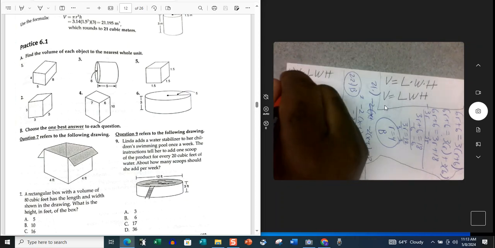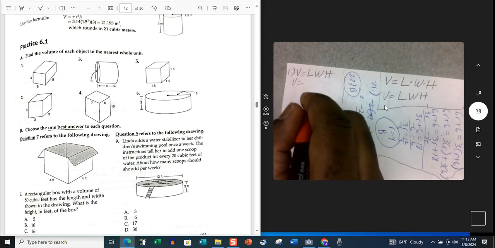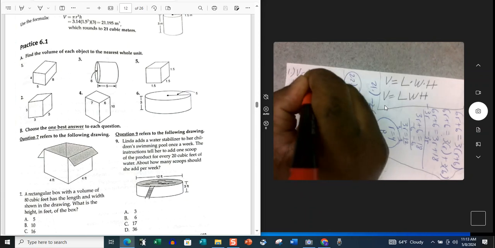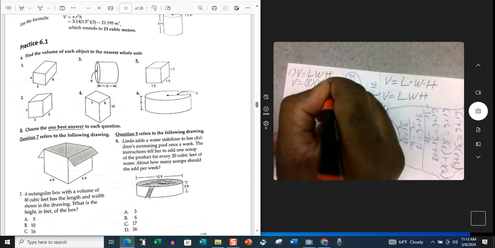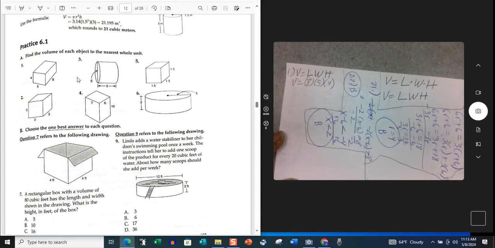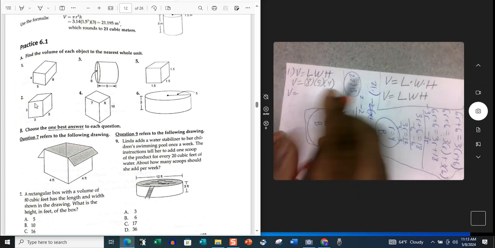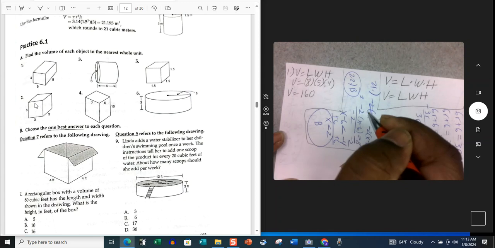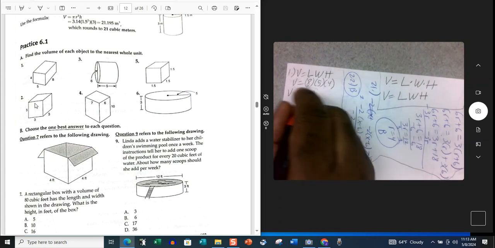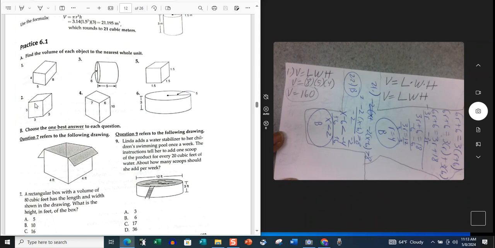Now our length here is, let's say, 8, our width is 5, and our height is 4. So length, width, height. When we multiply all these together, the volume equals 160. They didn't put any units there as far as inches, meters, or anything, so we would just leave it as 160.